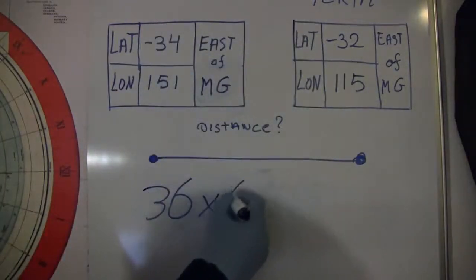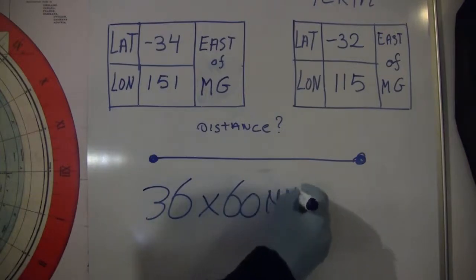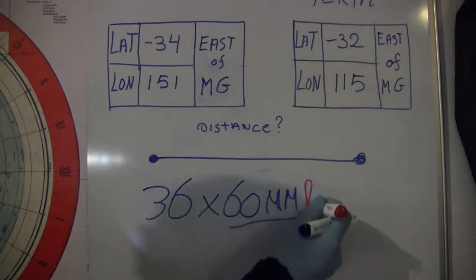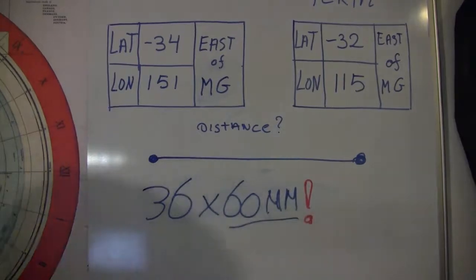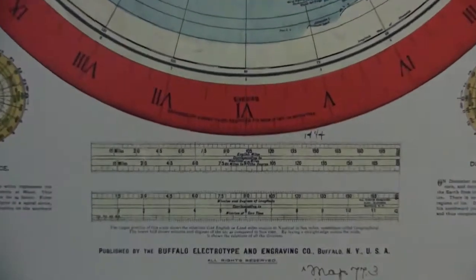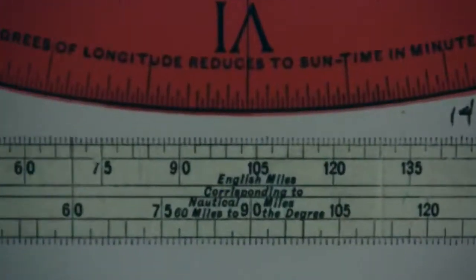Multiply by 60 nautical miles. Why 60 nautical miles? To answer this question, we have to read between the lines. And it says 60 miles to the degree.